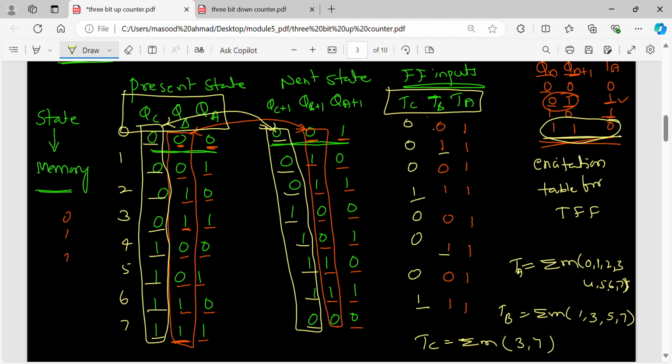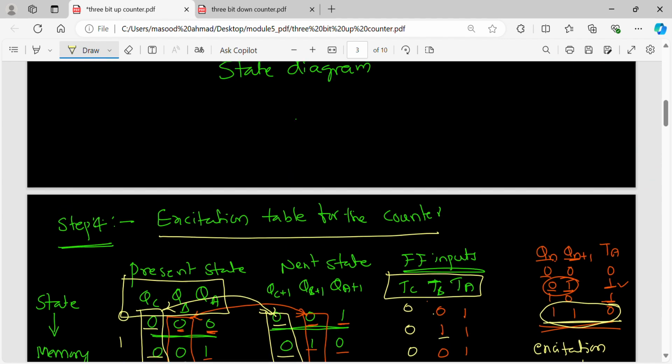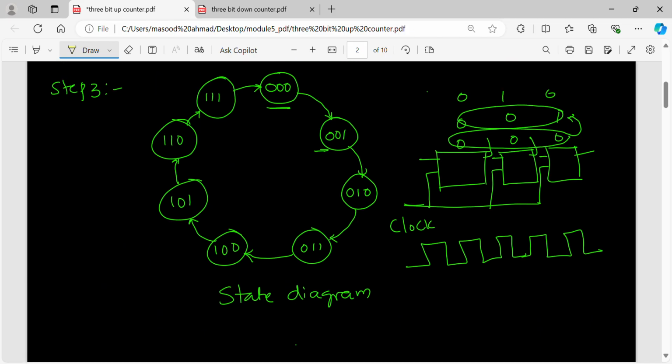Though they are flip-flop inputs, you can refer to this diagram. I have to use some circuit here, for which the inputs are QA, QB, QC and the outputs are TA, TB, TC.